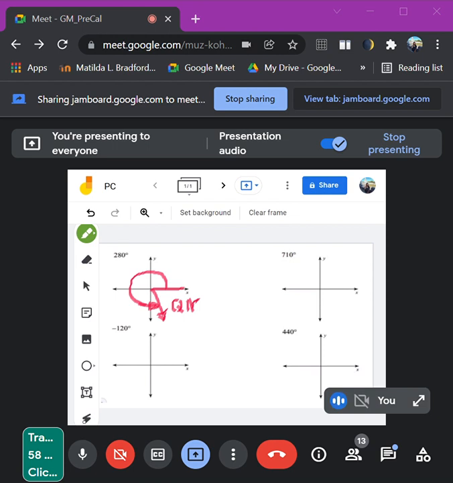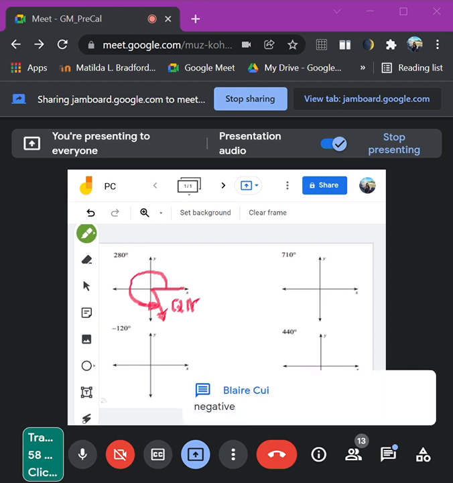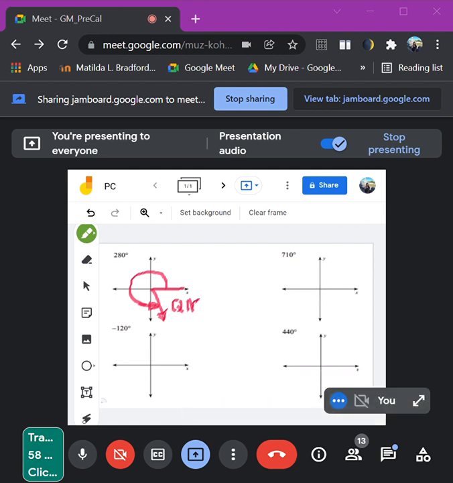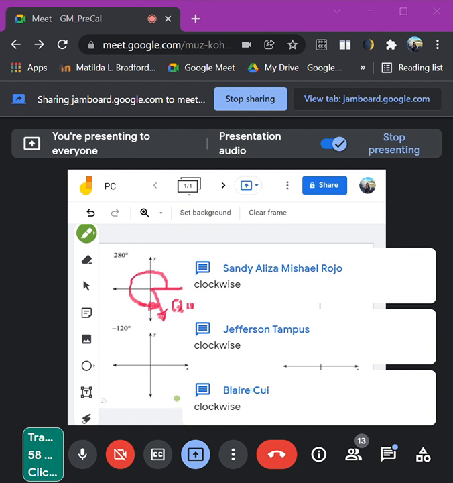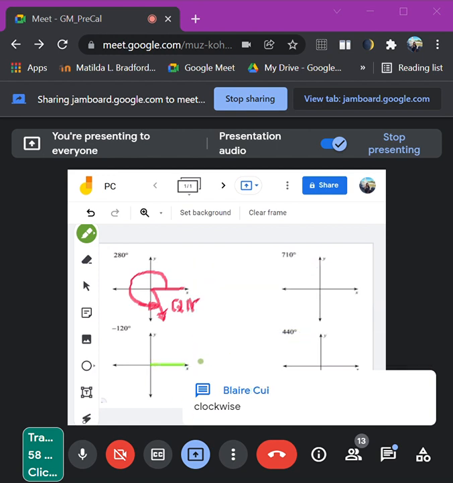Okay, we have here negative 120 degrees. So let us identify first. Our given is positive or negative? Okay, that is negative. Clockwise or counterclockwise? Okay, clockwise. So remember, we still start at the initial side, which is 0 degrees.